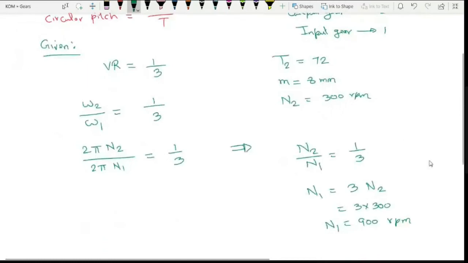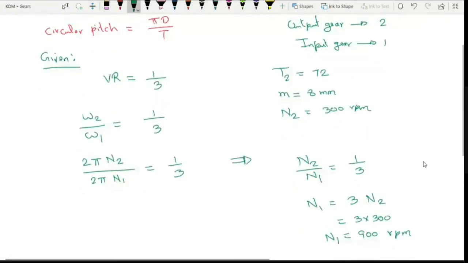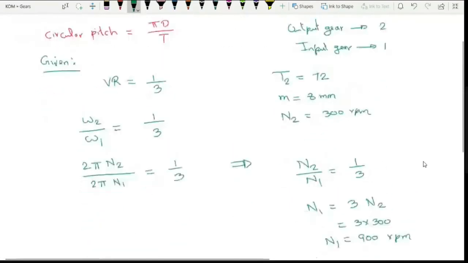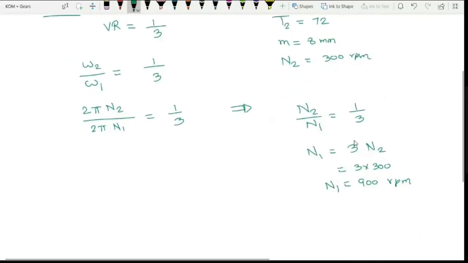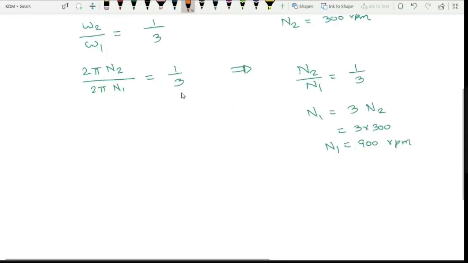Our input gear is rotating at 900 RPM. It is the smaller gear, so its number of teeth will be lesser than the driven gear. What is the formula?